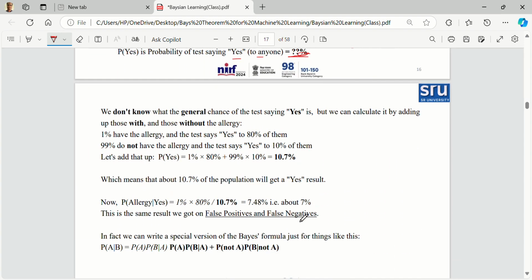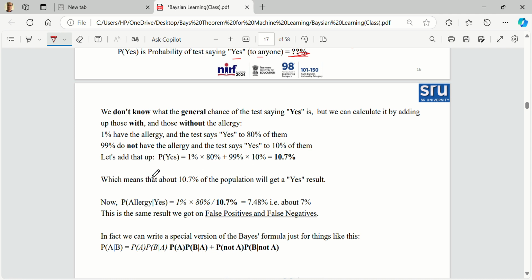Now go to the calculation. We don't know what the general chance of the test saying yes is, but we can calculate it by adding up those with the allergy and those without the allergy. We are calculating total probability. 1% have the allergy and the test says yes to 80% of them. 99% don't have the allergy but the test says yes to 10% of them.